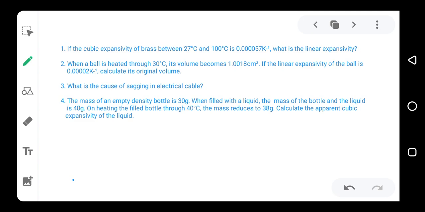So let me say a bottle, and then we pour water, or we pour a liquid inside it. Now how do we get the mass of this liquid inside this bottle? If we know the mass of the bottle itself, we subtract the mass of the bottle from the mass of the bottle and the liquid, and then we get the mass of the liquid itself.